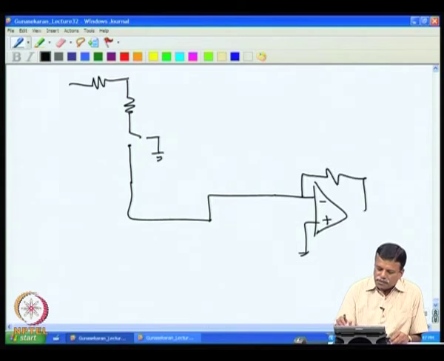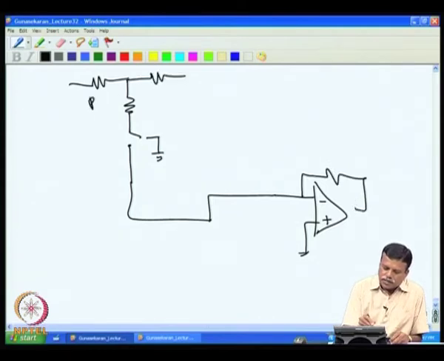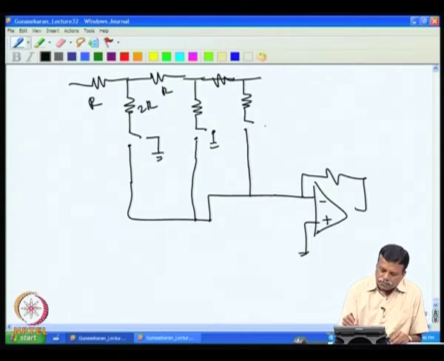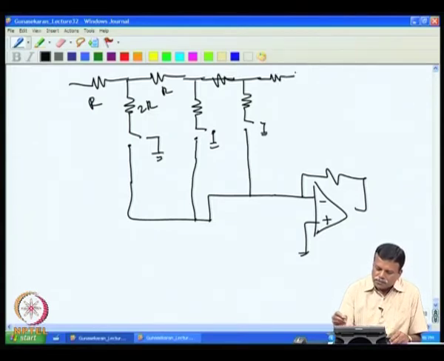We can have this, then we can have the next, this is R and then 2R is R, and then we have a next bit which can activate this, then the third bit, and then the fourth bit.